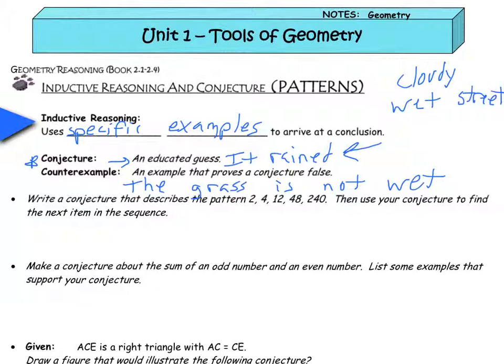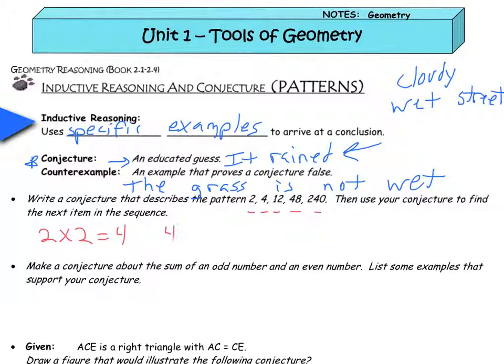Looking at our next question, we're going to write a conjecture that describes the pattern 2, 4, 12, 48, 240. Then use our conjecture to find the next item in the sequence. Well, 2 times 2 equals 4.